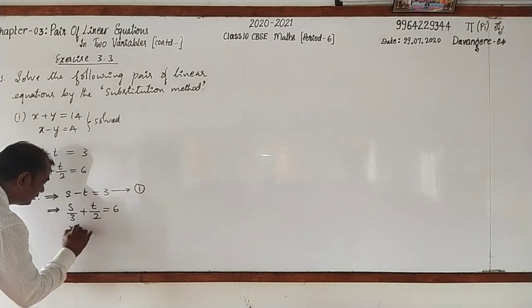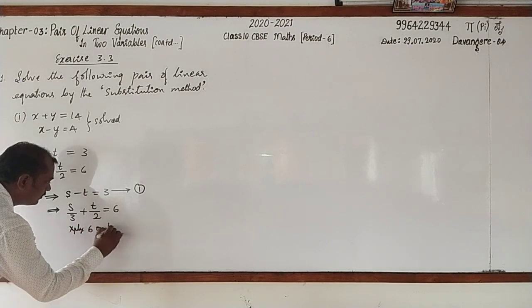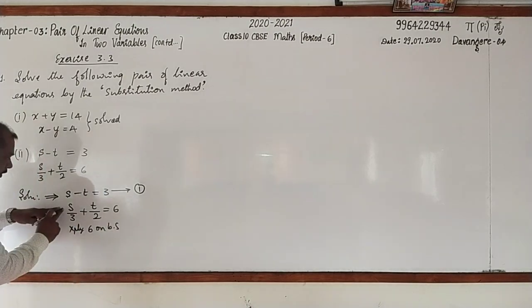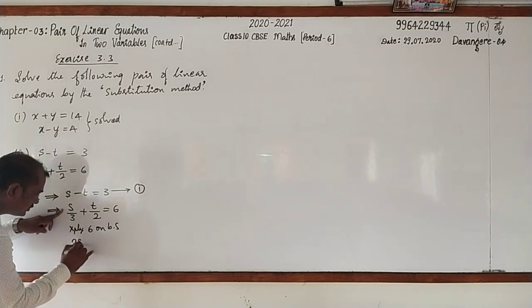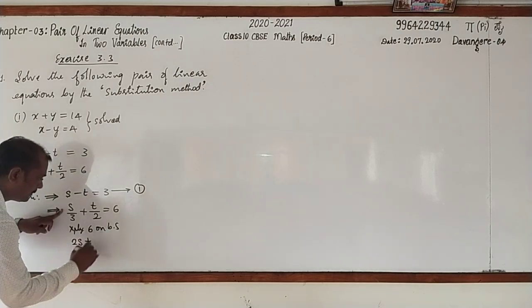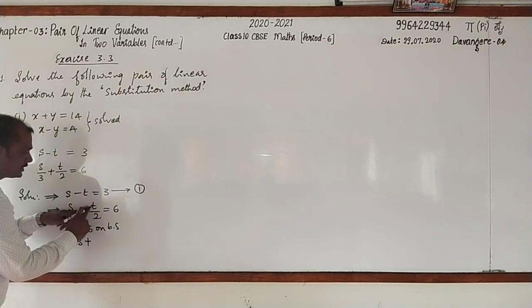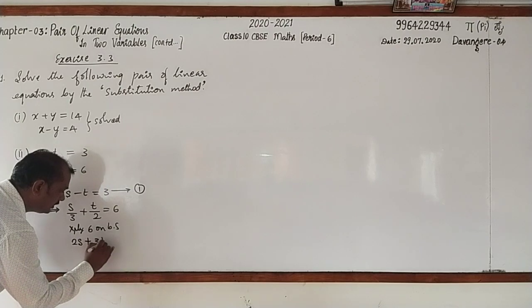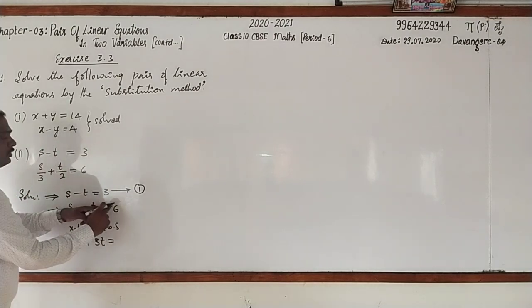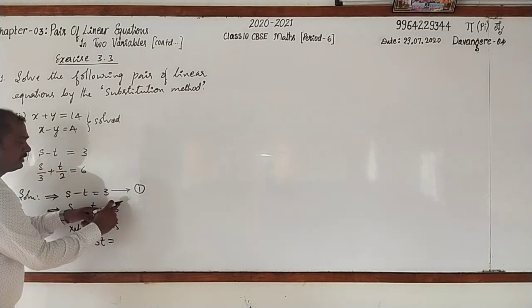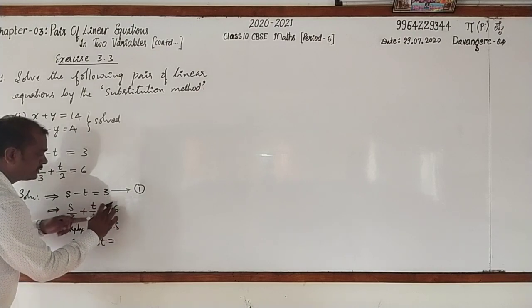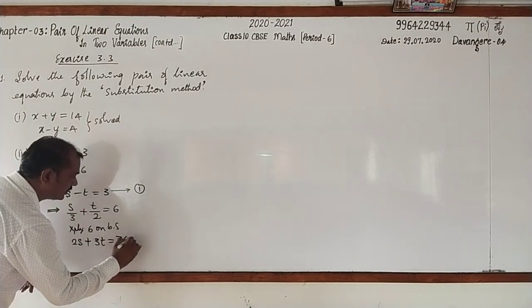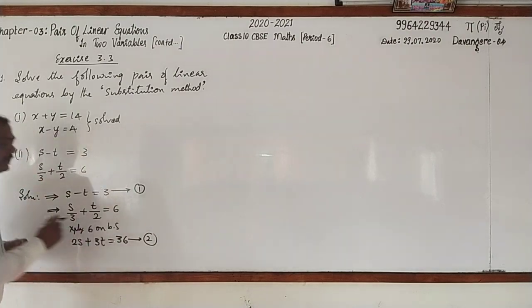So, let us multiply by 6 on both sides. 6 times s by 3 is 2s, plus 6 times t by 2 is 3t, equal to 6 times 6, which is 36. Now, you may call this equation 2.